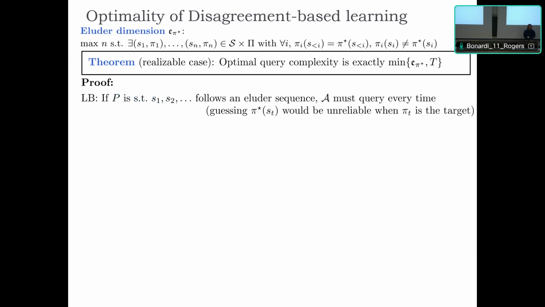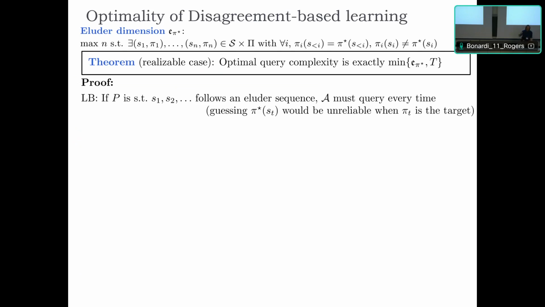For the lower bound, let's just set up an environment that just follows the sequence of states in the eluder sequence. Then notice that any algorithm that's reliable must query at every time, because if there were some S_t where it tries to guess pi star of S_t, either it guesses wrong what pi star is, or it guesses pi star, and then it would be unreliable in this alternative environment where pi_t, the one that agrees with pi star up to that time but flips that one to some other action, disagrees on that one state.